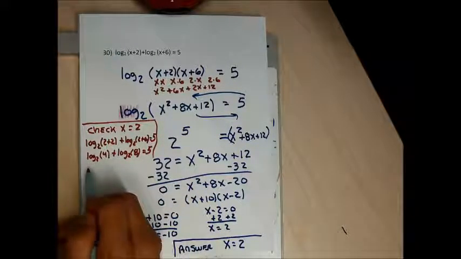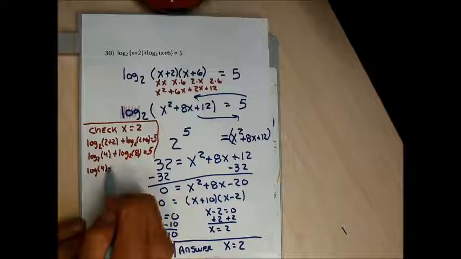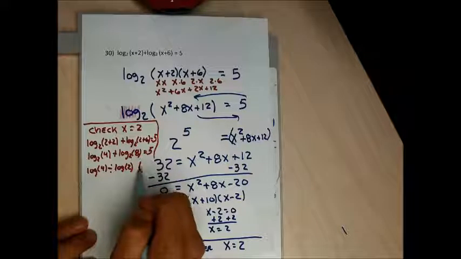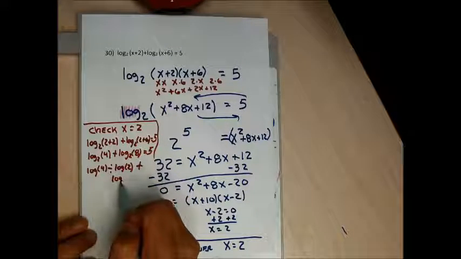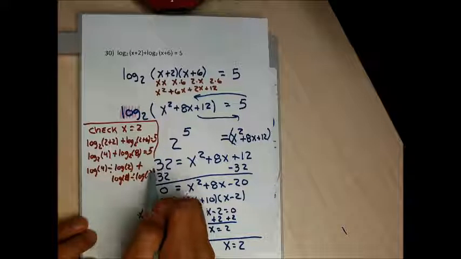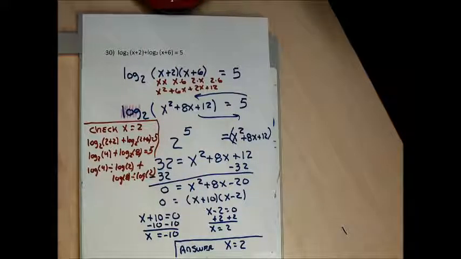And to do this on my calculator, I'm going to go log of 4 divided by log of 2 plus log of 8 divided by log of 2, and that's going to simplify this left-hand side to the number 5 if my answer is correct.